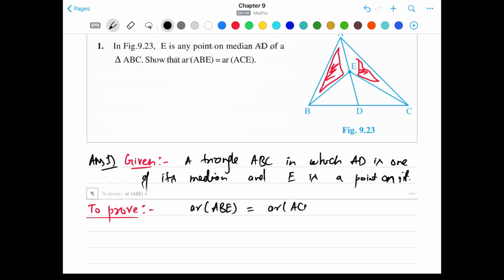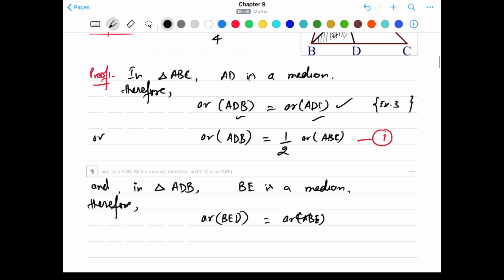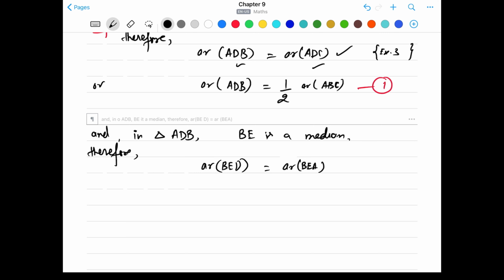Okay, area of triangle BED will be equal to the area of triangle BEA. This is by example number 3 again, that the median of a triangle divides it into two triangles of equal area.